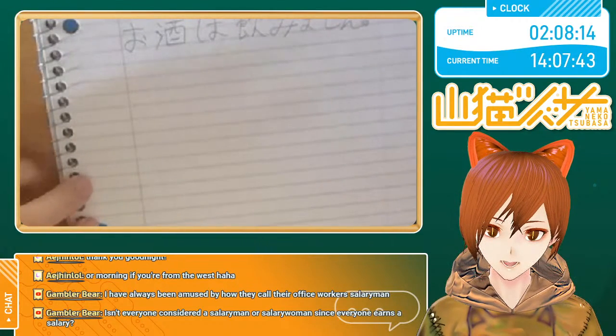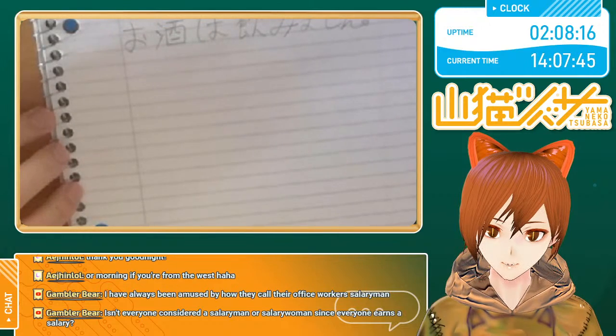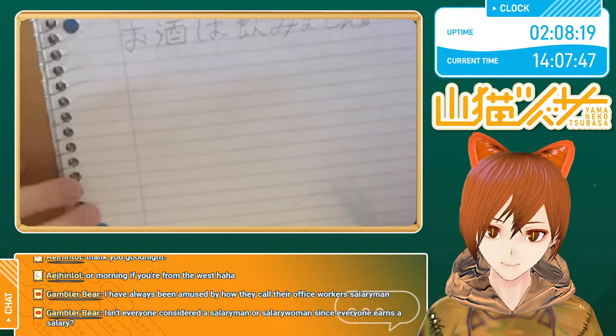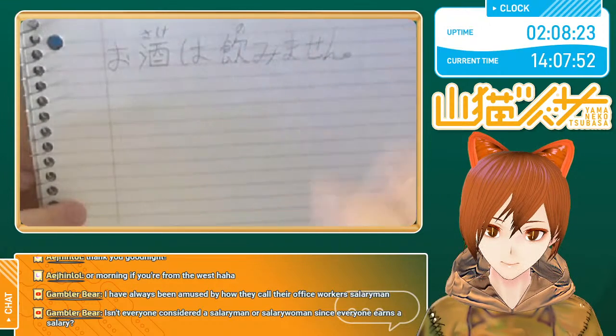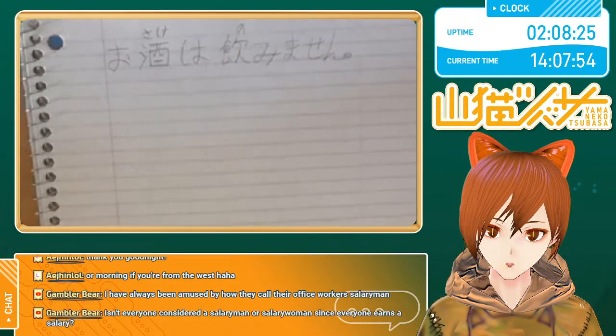Osake wa nomimasen. I do not drink sake, or I do not drink alcohol. Sake in Japanese can also mean alcohol. This is nomi from nomu, to drink.